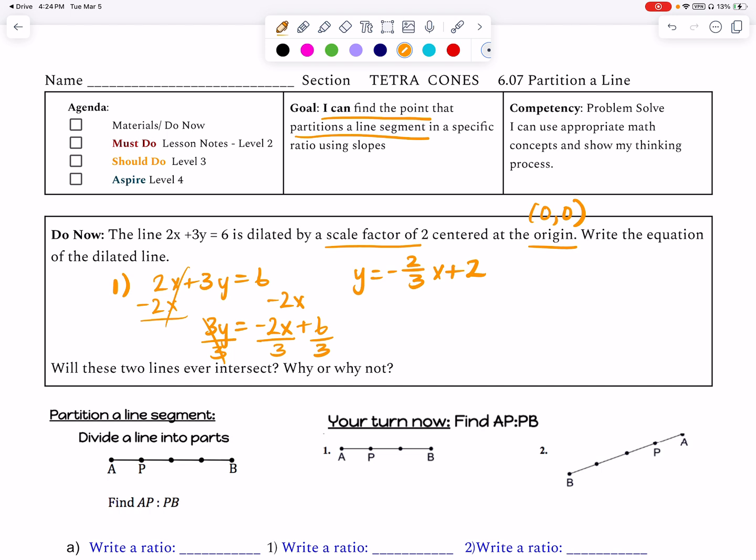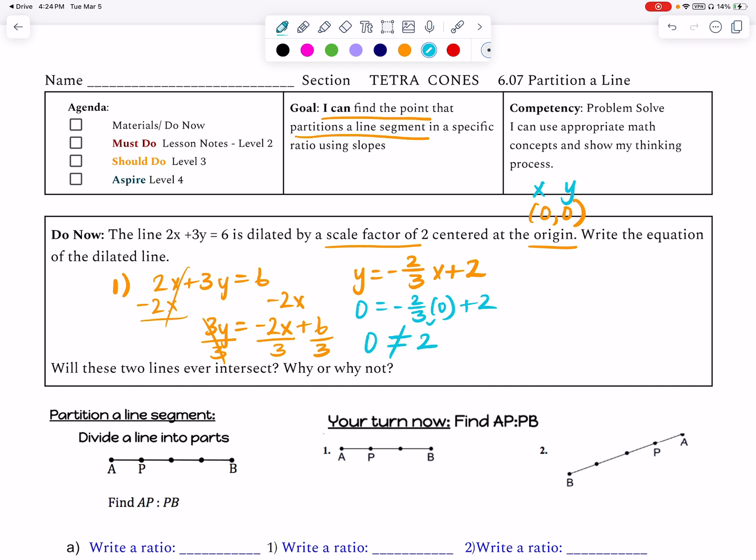So we have to see if 0, 0 is on the line. So my x value is 0, my y value is 0. So I just substitute. Anything times 0 is 0, and 0 plus 2 is 2. So here, 0 does not equal 2. I put the equal sign and put a slash through it.